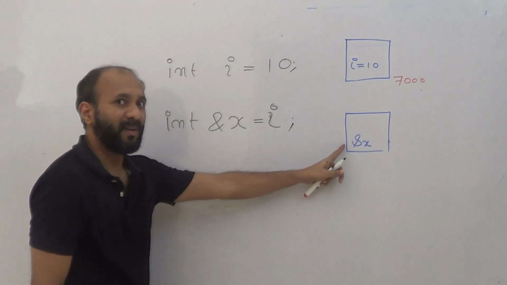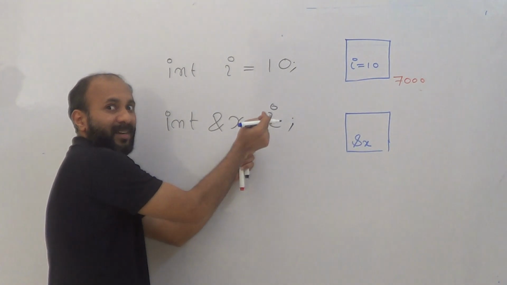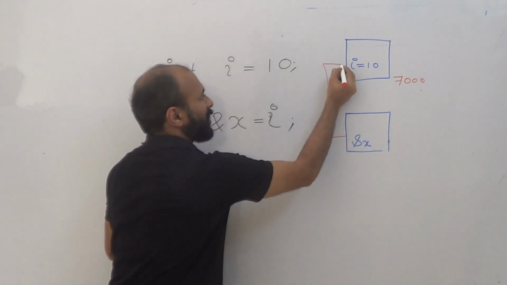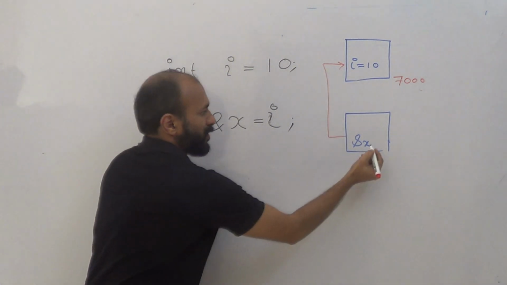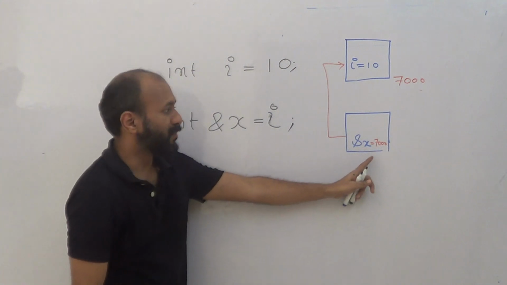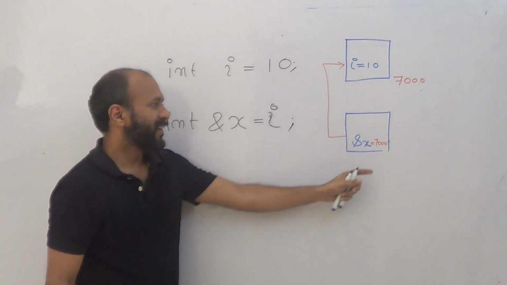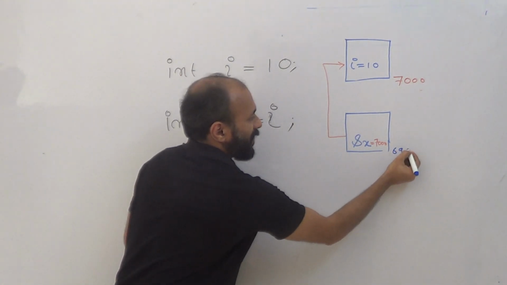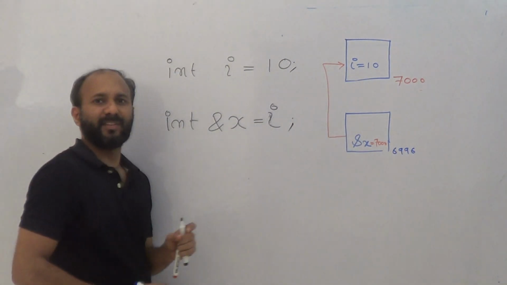This reference variable is referring to the variable i. So it holds 7000, which is the address of the variable it is referring to. The address of the reference variable itself is 6996.